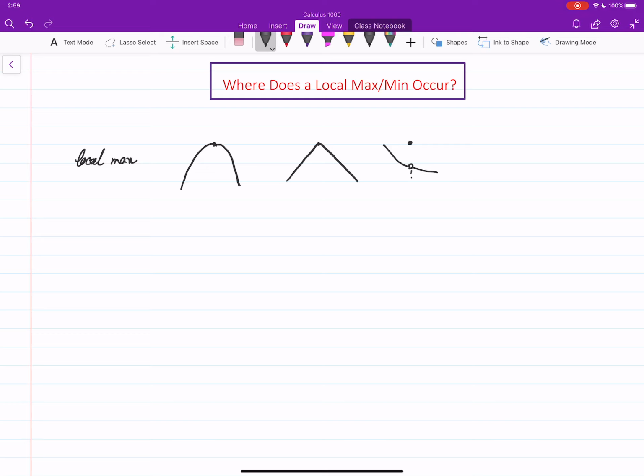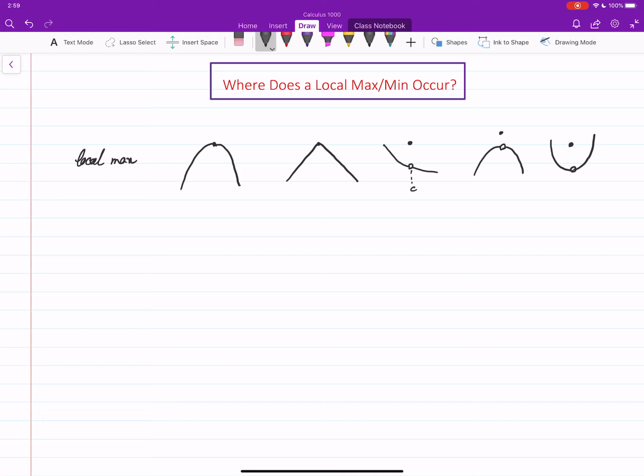Around that c, the function has a maximum value at that point. Or we can have something like these, or this one even. All of these, you see a zoo of possibilities.